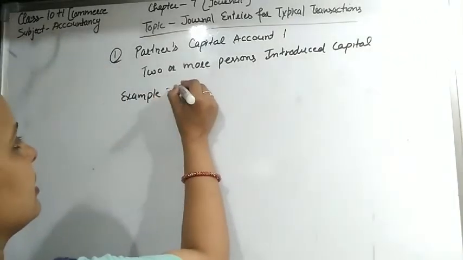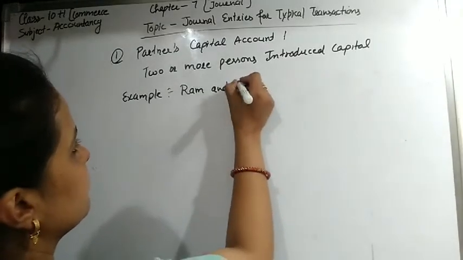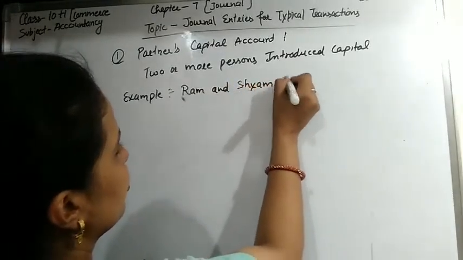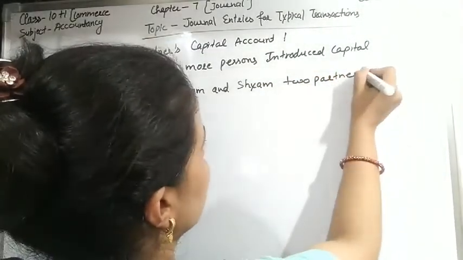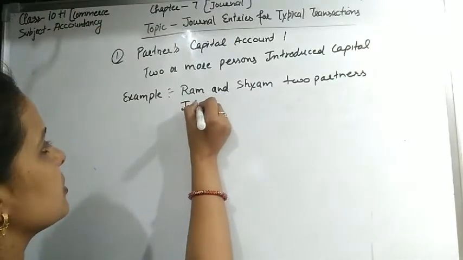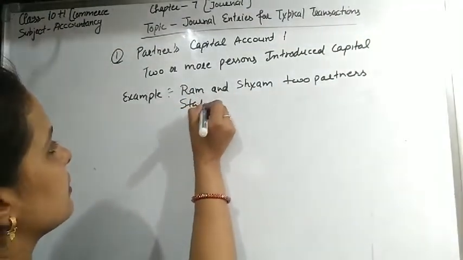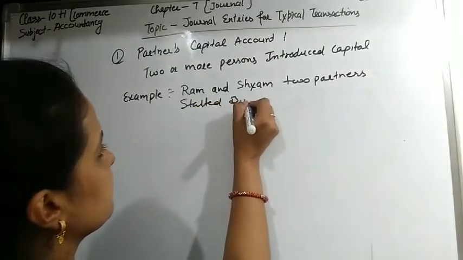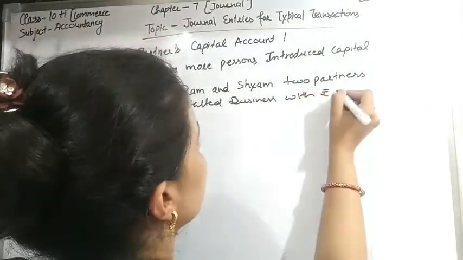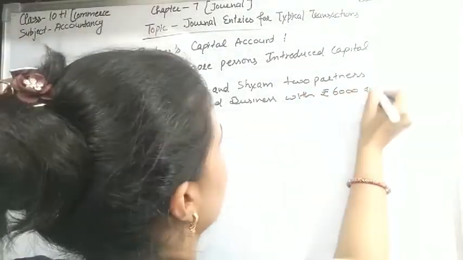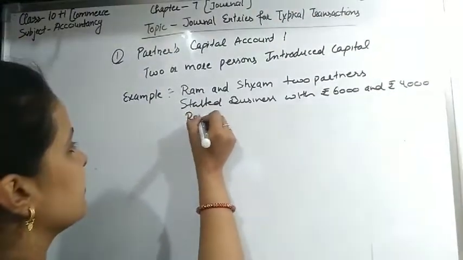The transaction is: Ram and Sham, two partners, introduced, or we can say started, business with rupees 6,000 and rupees 4,000 respectively.